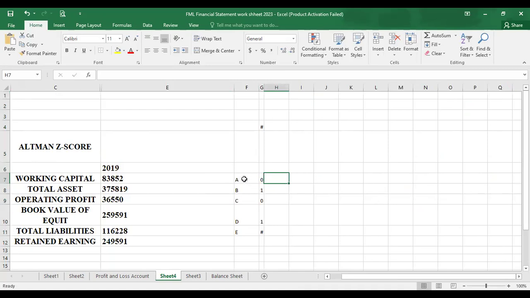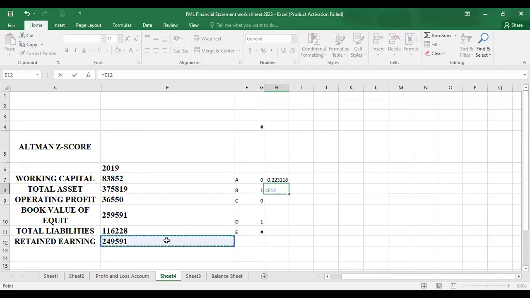So the first ratio, that is A, is to compute the working capital to total assets ratio. Then the next one, which is B, is to check retained earnings to total assets. That is also the ratio we computed.